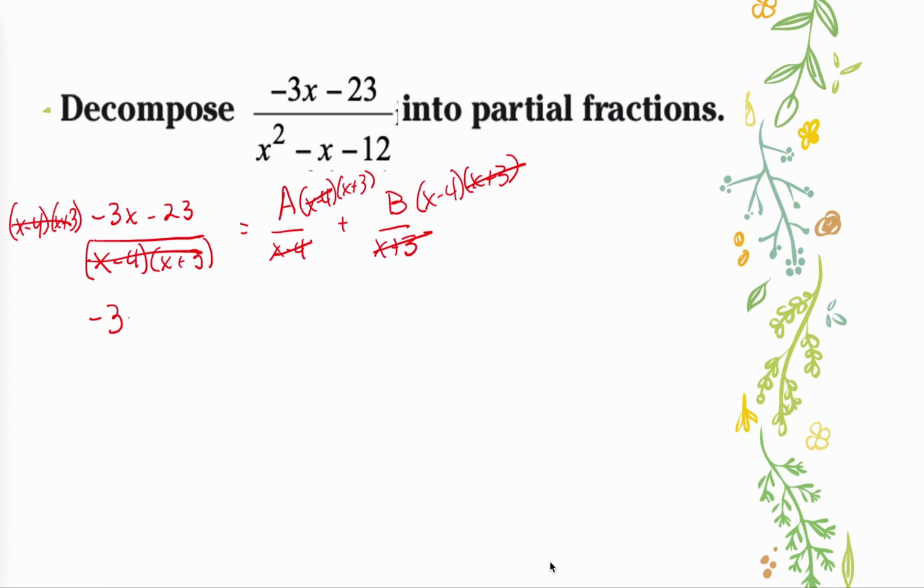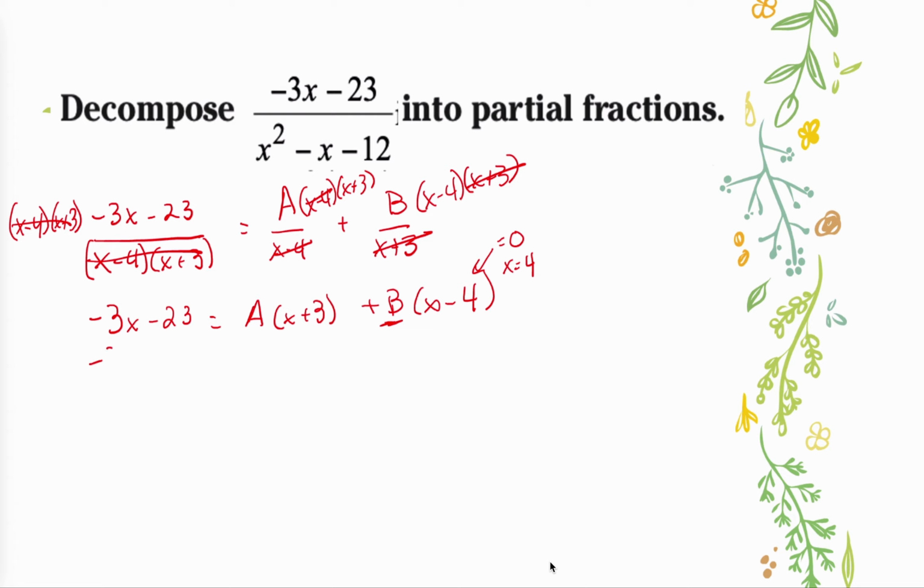We're going to get negative 3x minus 23 equals a times x plus 3 plus b times x minus 4. So in order to cancel out the b, we want x minus 4 to equal 0, which means that x equals 4.